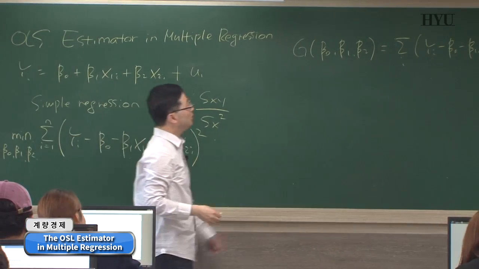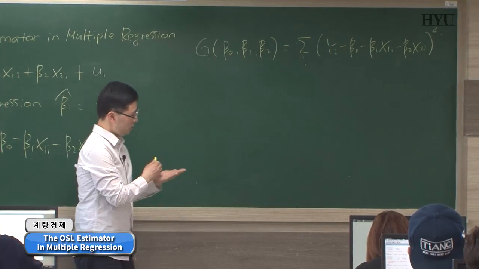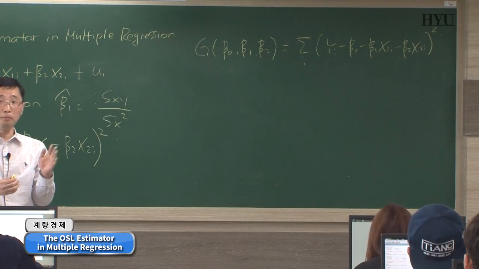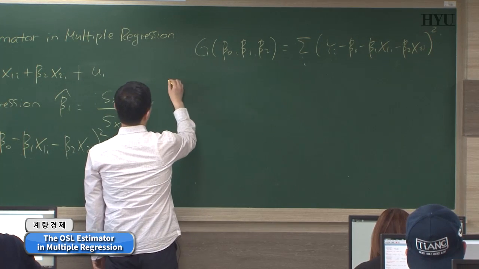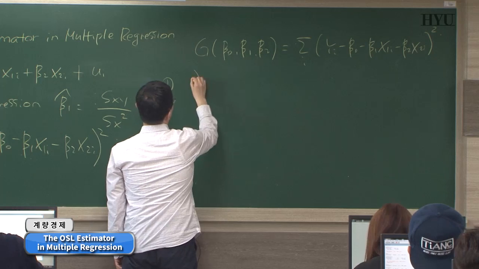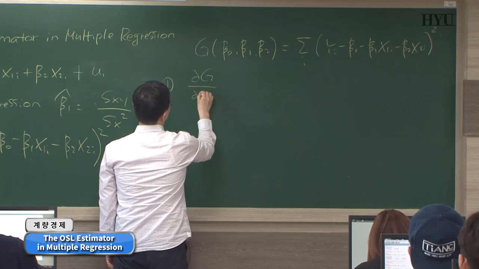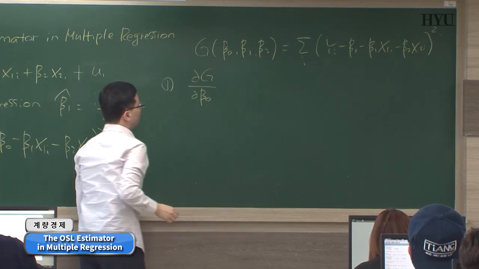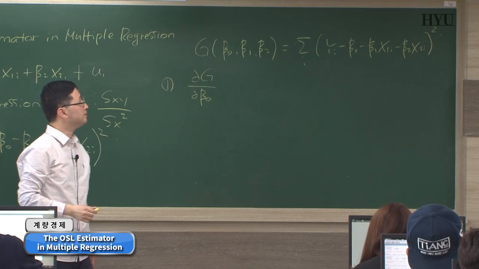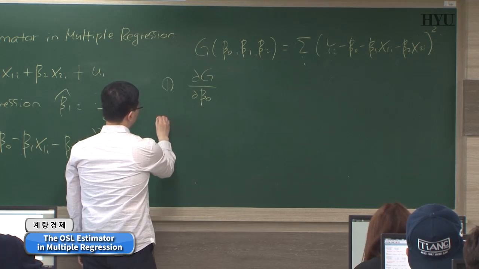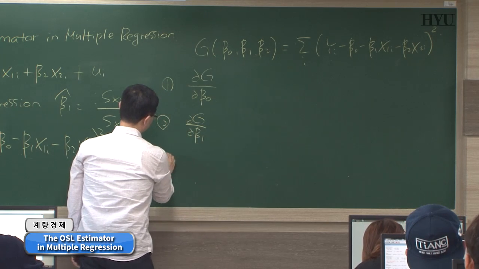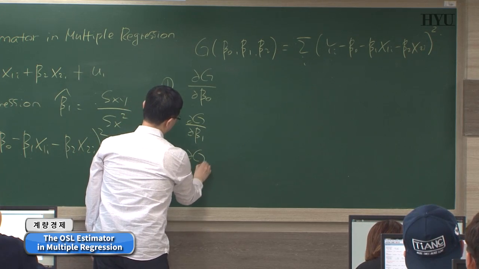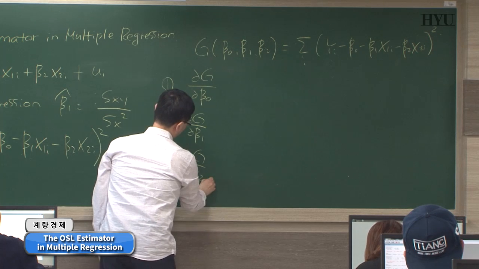We have three arguments, so I'm going to take three partial derivatives, just like before. In my first equation, I take the partial derivative of my function with respect to beta null, and I'm going to do that for beta 1, and beta 2.